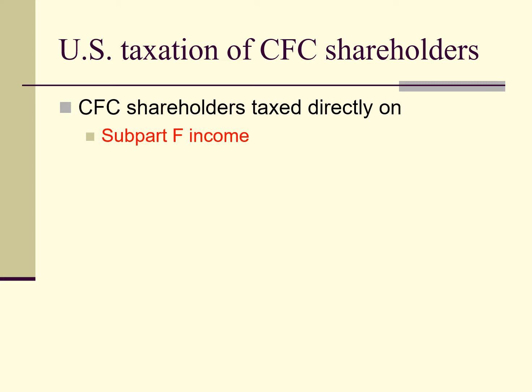We will discuss the definition of this income in the remaining slides. Shareholders are also taxed on any income not previously taxed which has been repatriated to the United States. Repatriation can take the form of dividends to shareholders, loans to shareholders, and certain investment in U.S. assets.